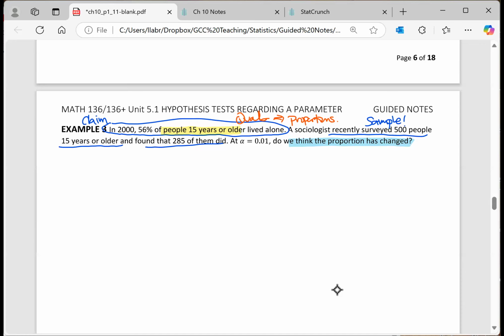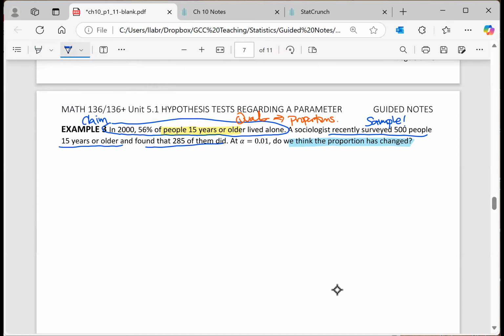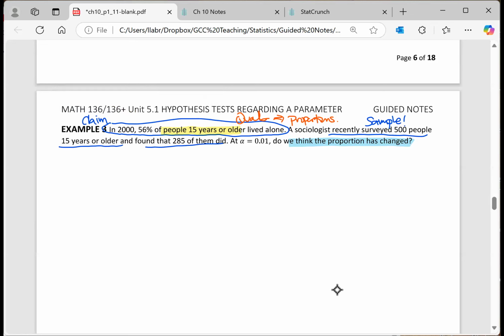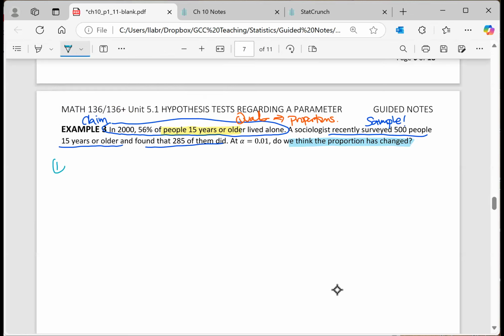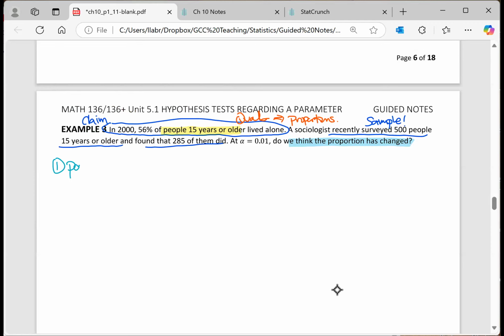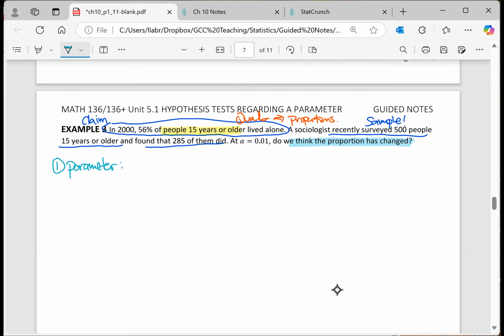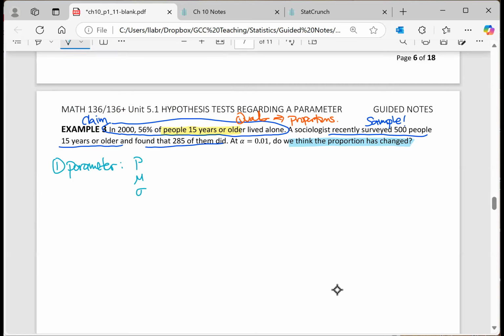All right. So let's set this up. The first thing that you want to do is you want to write out the parameter. Remember, parameter is always a population value. So it's either going to be P, it's going to be mu, or it's going to be sigma.